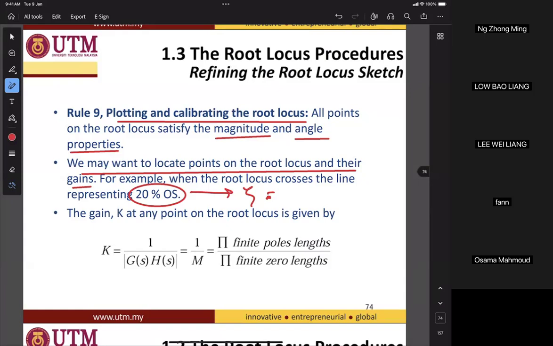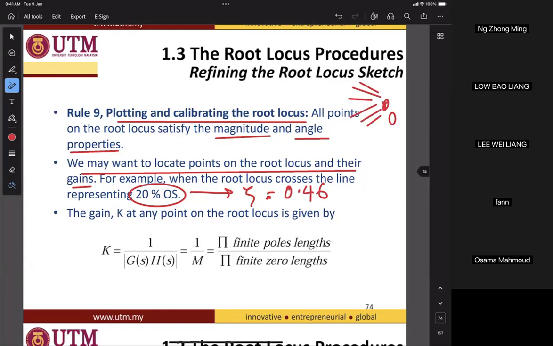So with 20% overshoot, the damping ratio is 0.46. Confirm, 0.46. And zeta is a straight line. As I told you before, this is the origin, so the nature of zeta is a straight line.